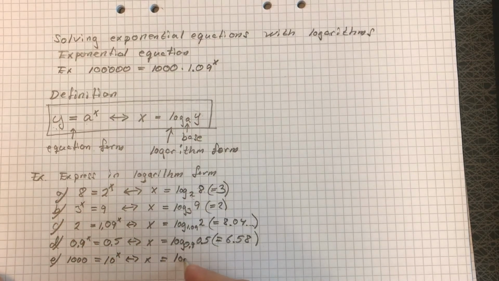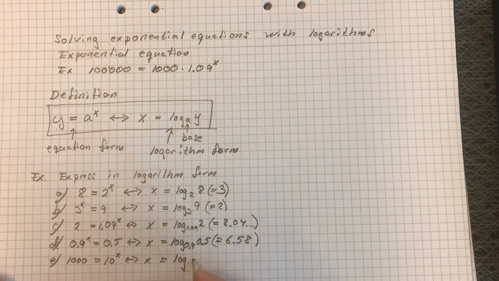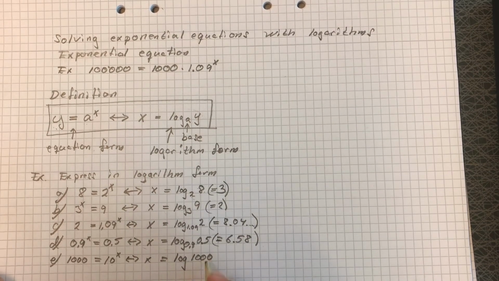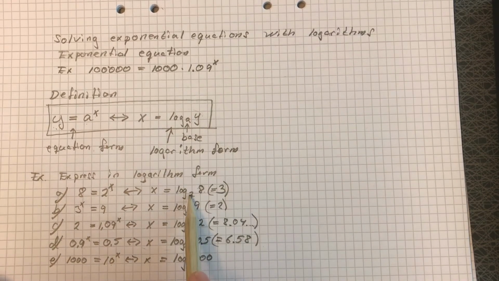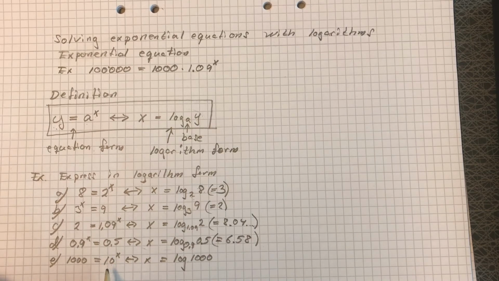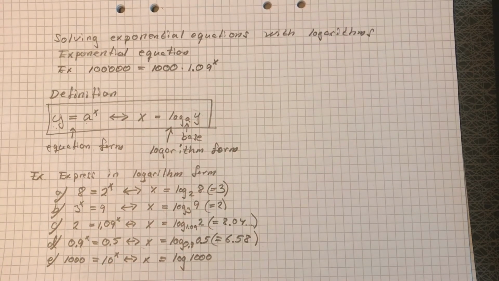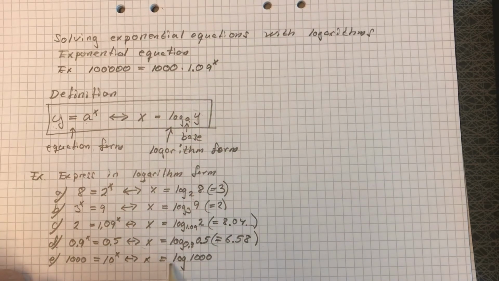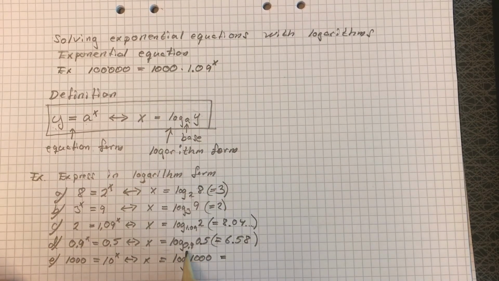Because when you have the base 10, you don't have to write 10. It's just enough with writing 1,000. The only base where you don't have to write the base down is the base 10. It's a convention all over the world that for the base 10 you just write it in this way. Do you know what this is in your head?